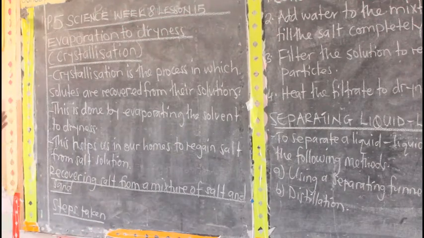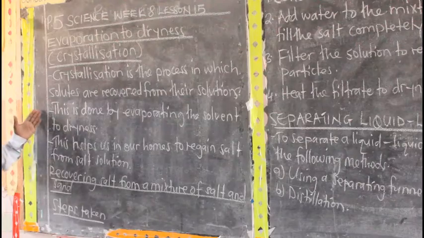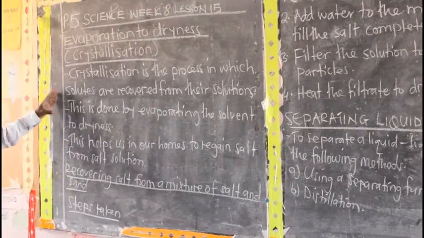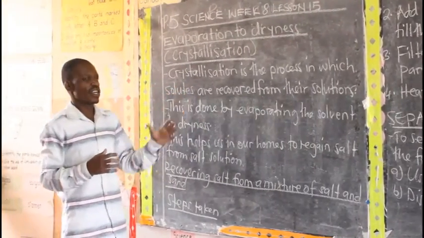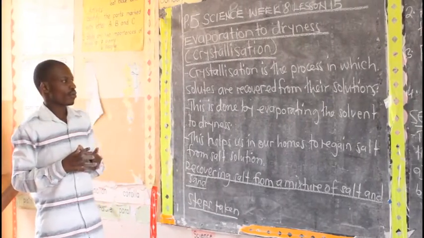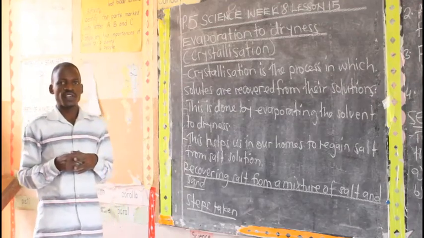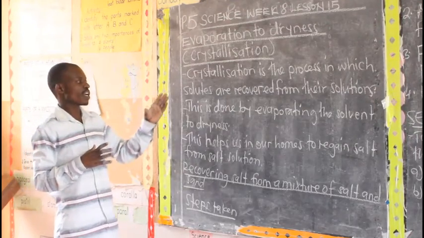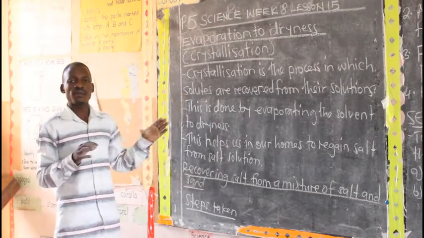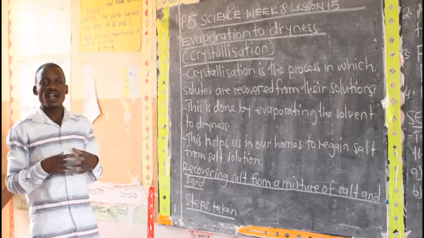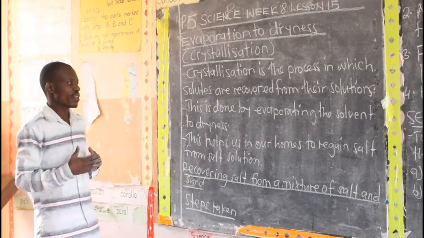When we talk about crystallization, it's the process in which solids are recovered from their solutions. I remember telling you that when we talk about the solid, we mean a substance that can dissolve in a solvent or in a liquid.